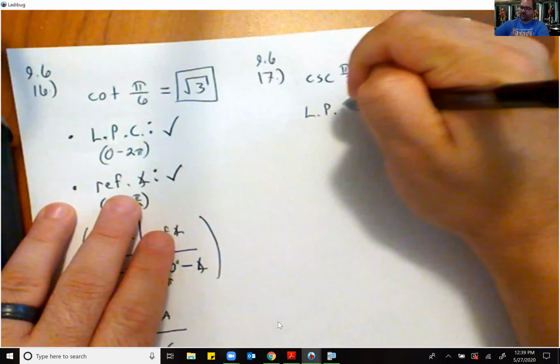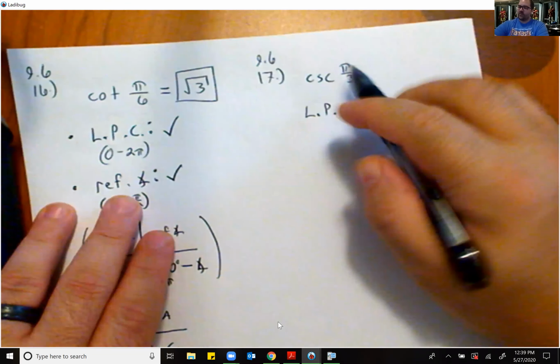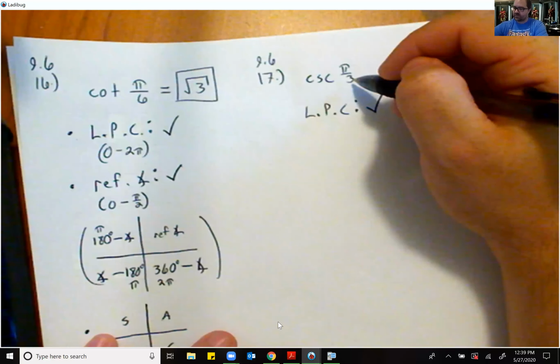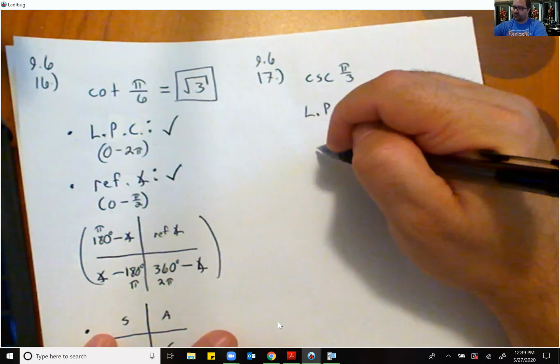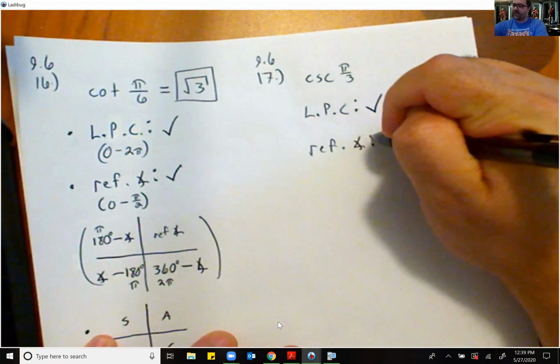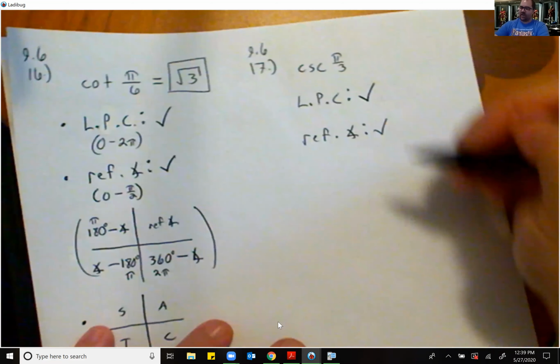Is this between 0 and 2 pi? Absolutely. Check. Is this the reference angle? Yes, absolutely. It's in quadrant 1. So reference angle, check. So all we need to do then is figure this out, and then we can deal with the sign.